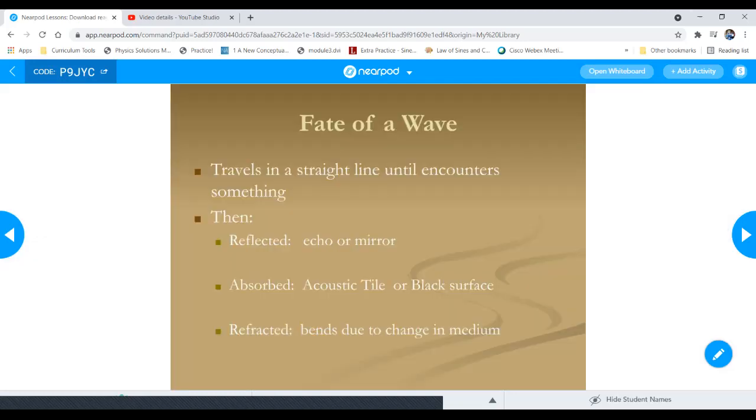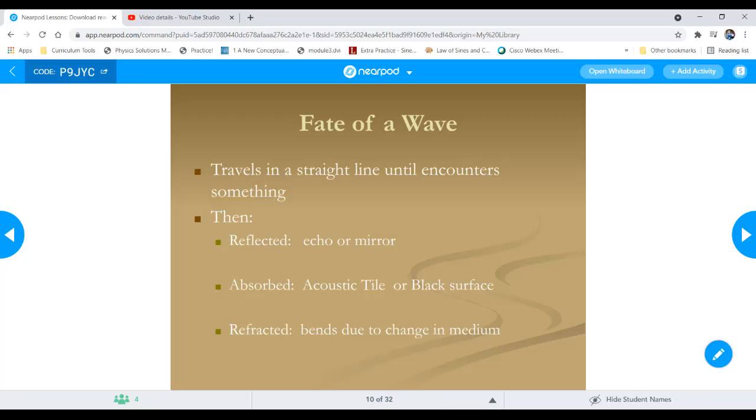And so what happens to a wave? Basically, a wave travels in a straight line until it runs into something. And then things can happen. It can be reflected. And so that wave can either come back to you as an echo if it's a sound wave, or it can reach your eyes as a reflection from a mirror. It can be absorbed.